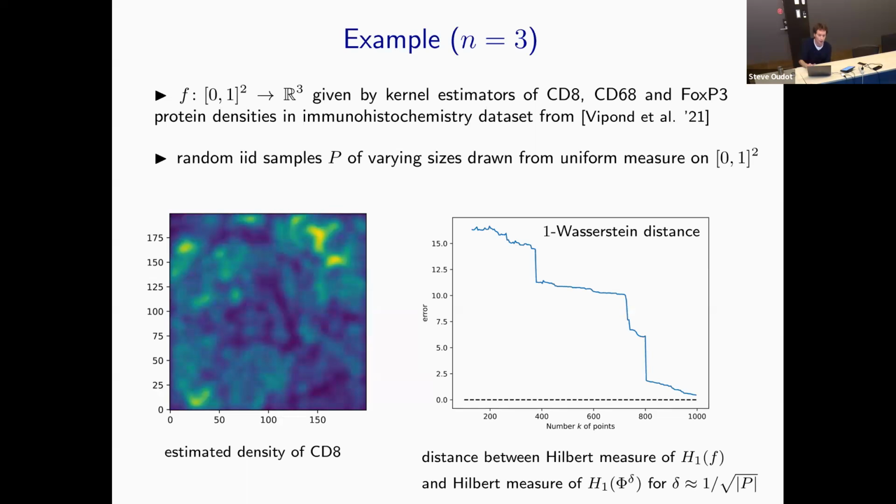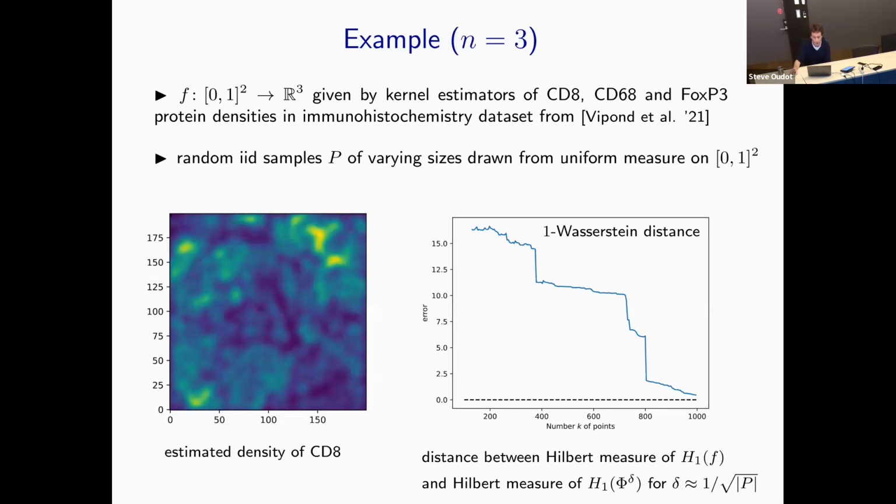This is another example of a function that is valued in R3. This is an example taken from a paper by Oliver Weidman and co-authors from 2021. It's a data set that comes from immunohistochemistry. There's naturally a function from R2 to R3 that comes into the picture in that example. We don't show the invariants, because in 3 parameters it's harder to look at the persistence modules or their invariants.